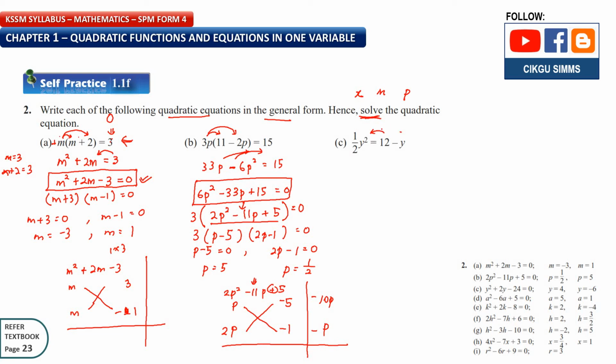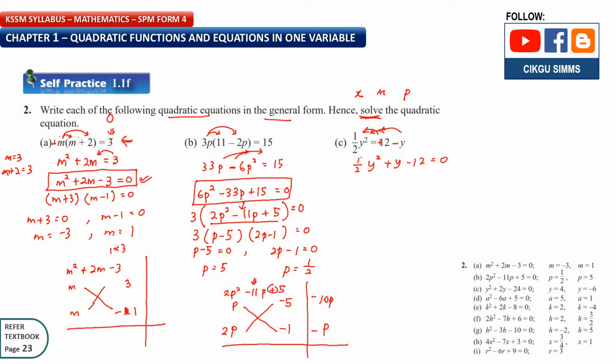So I bring everything to one side. Negative becomes positive, positive becomes negative because I bring it to the other side. And then this can be your general equation.